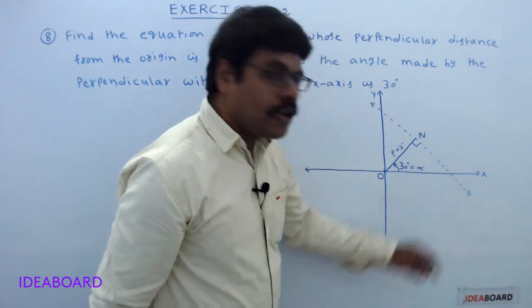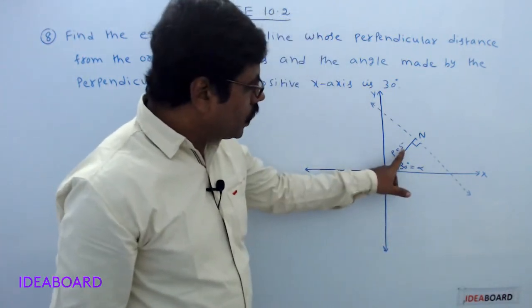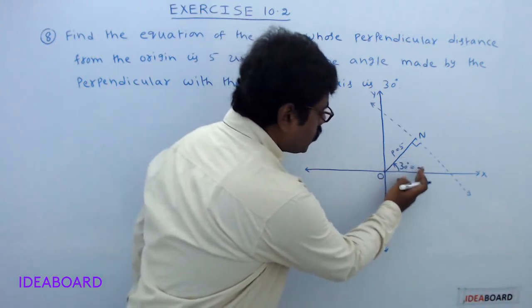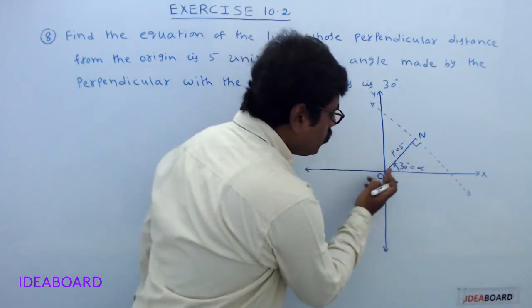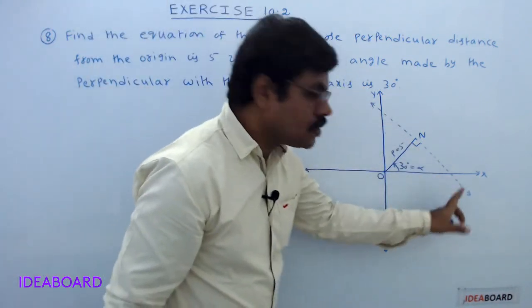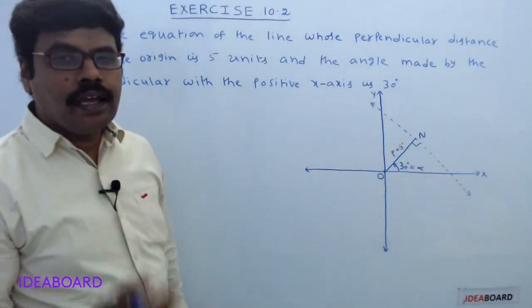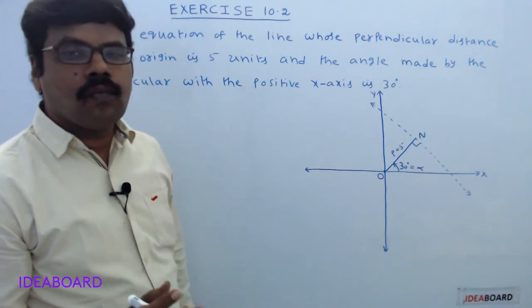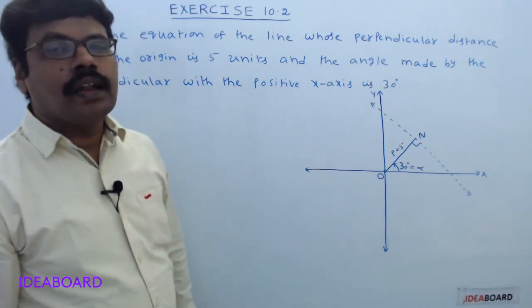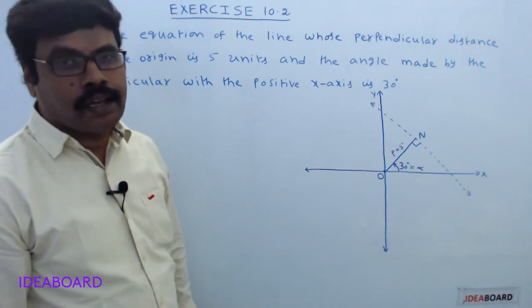So the equation of a line which is at a distance of P units from the origin, and whose perpendicular makes an angle of alpha with the positive direction of the x-axis, can be taken as x cos alpha plus y sin alpha equals P. That is also called the normal form of a straight line.